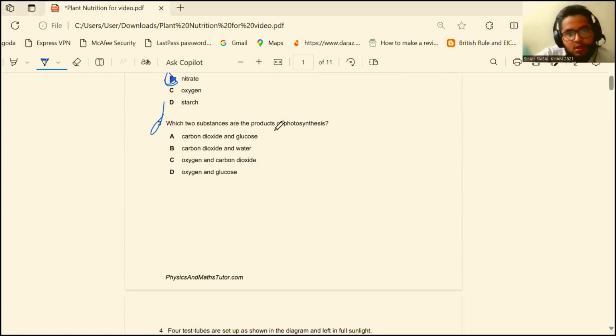Which two substances are the products of photosynthesis? So basically, as we know, in the equation of photosynthesis, the reactants are carbon dioxide and H2O. And in this reaction, the products are oxygen and glucose.